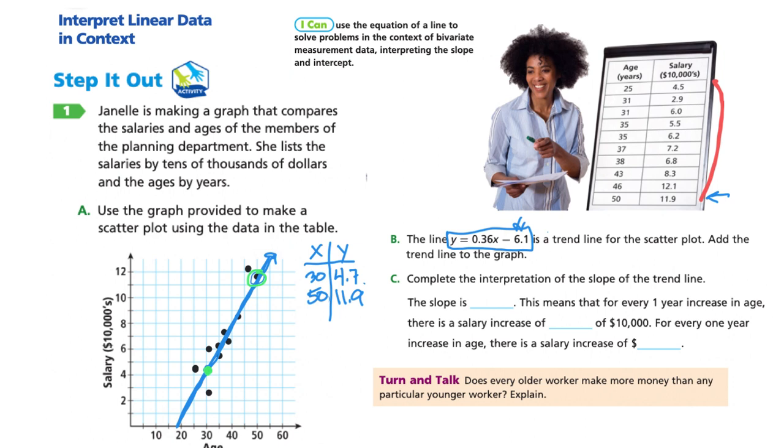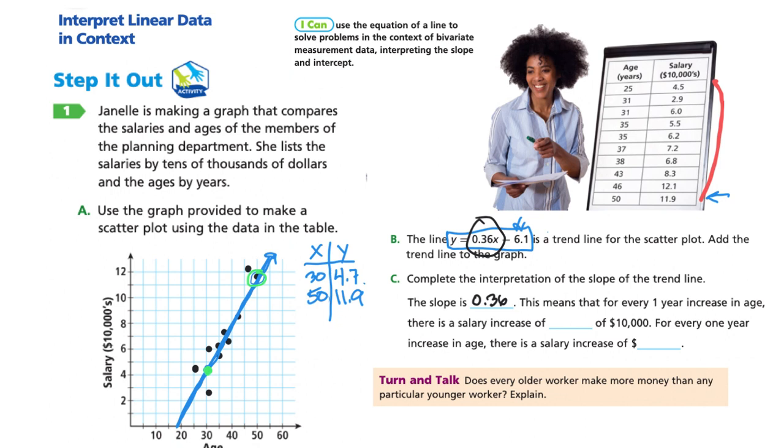So let's look at the next part C, complete the interpretation of the slope of the trend line. So the slope is, we know that that's the slope because of the form of the equation. So the slope is 36 hundredths.